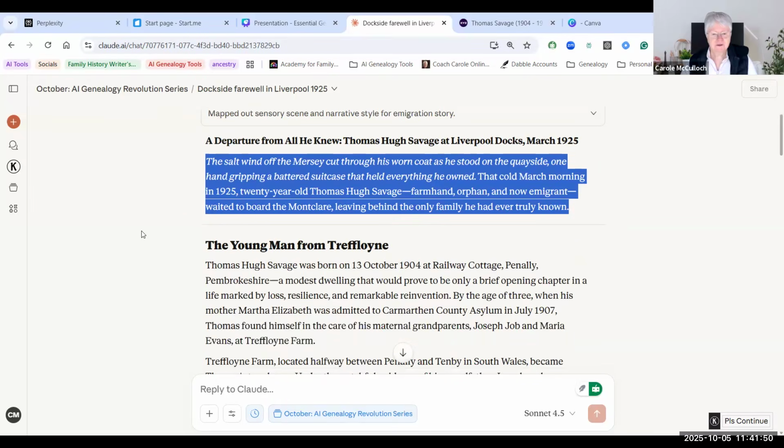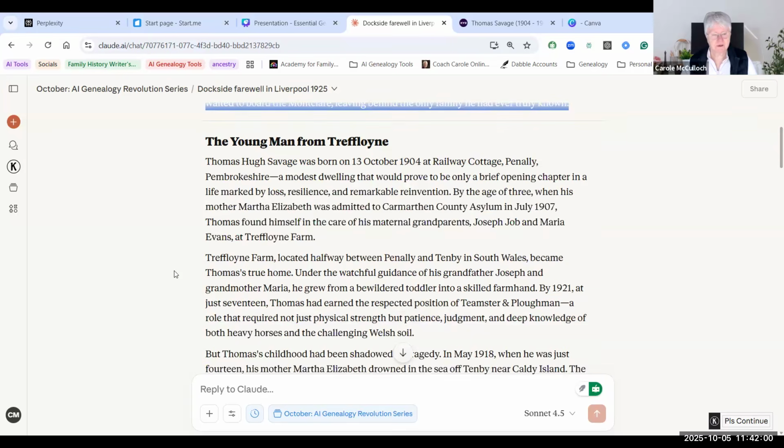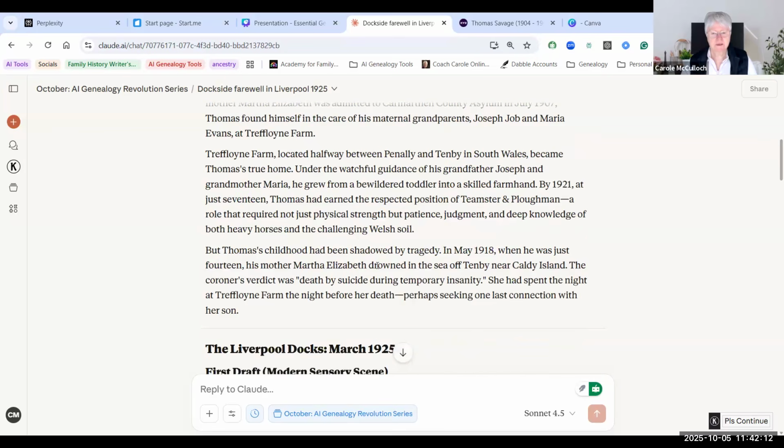And then it goes on to expand upon that and to write about more of his life from the documents that I've already shared with Claude in this project file system. And it's given me a story about this young man from Trefloyne. And here we pick up on the details about the tragedy of his mother's death.